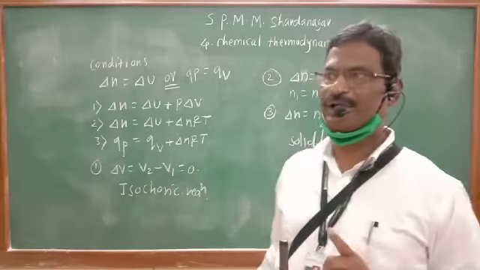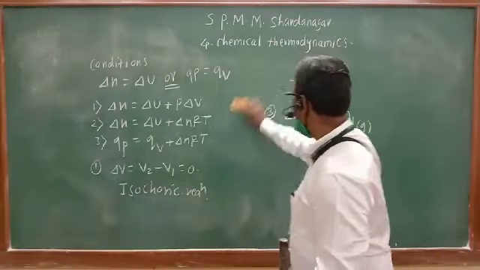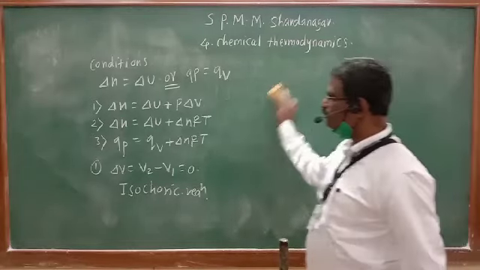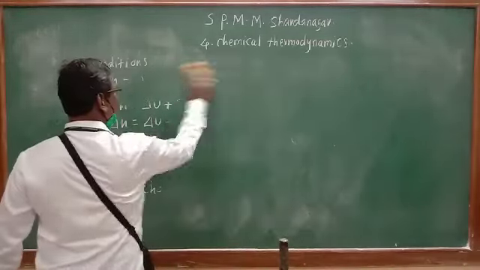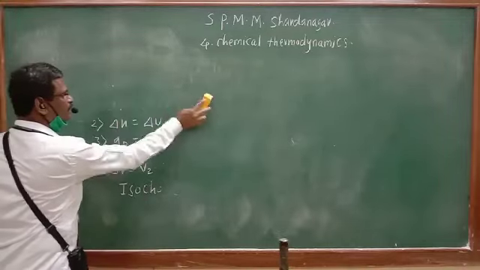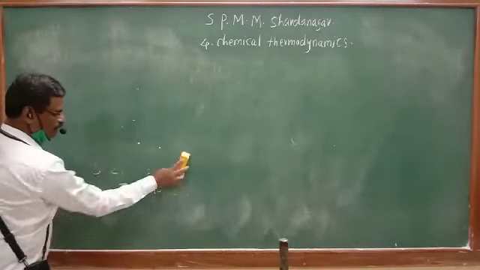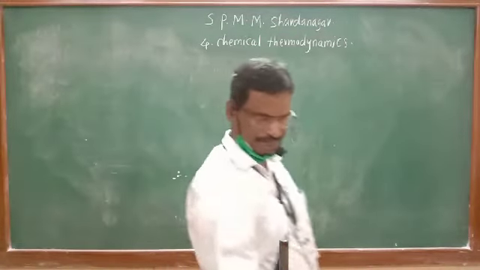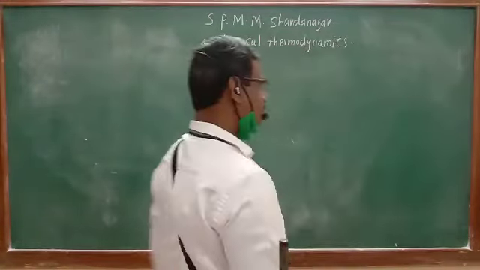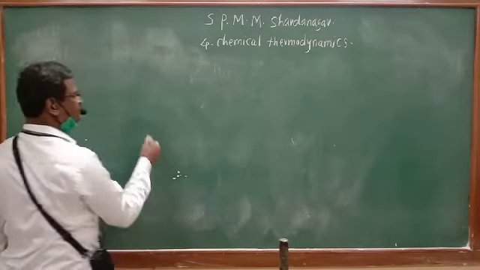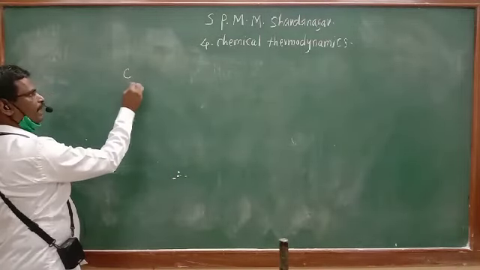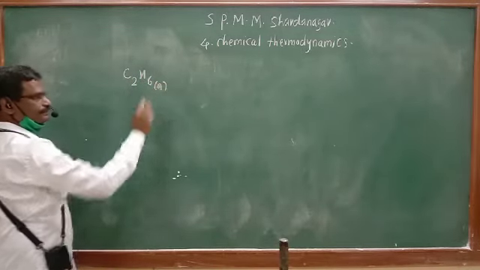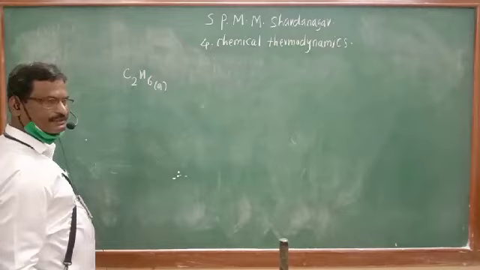Now the important point I am telling here is how to balance combustion reactions, in order to calculate the change in number of moles during a chemical reaction. Balancing of combustion reactions. Suppose we have 1 mole of ethane gas, C2H6 gas.